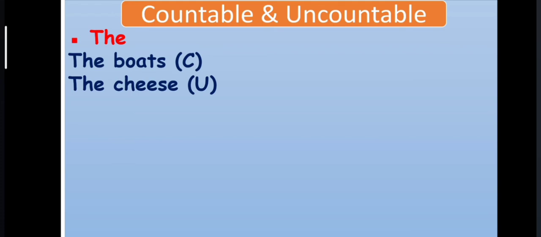For example, the boats, the books, the rabbit, the cheese, the water, the meat. So the boats here is a countable noun and the cheese is an uncountable noun. So we use the with both kinds of nouns.